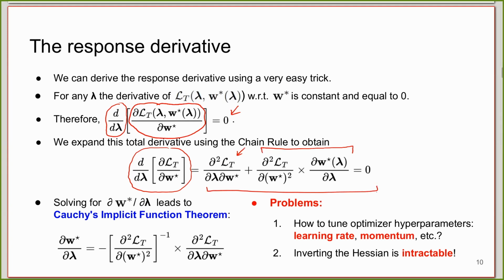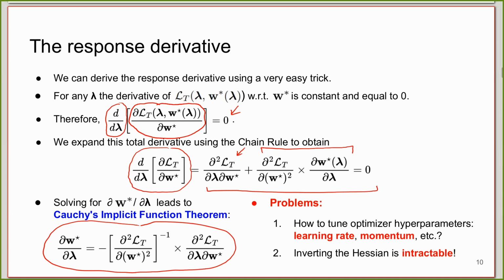This can be used to find the value of the gradient of W star with respect to lambda. You can just solve here for the gradient of W star with respect to lambda. That's going to be minus the term on the left divided by this second derivative. This is an expression now for the derivative of W star with respect to lambda.